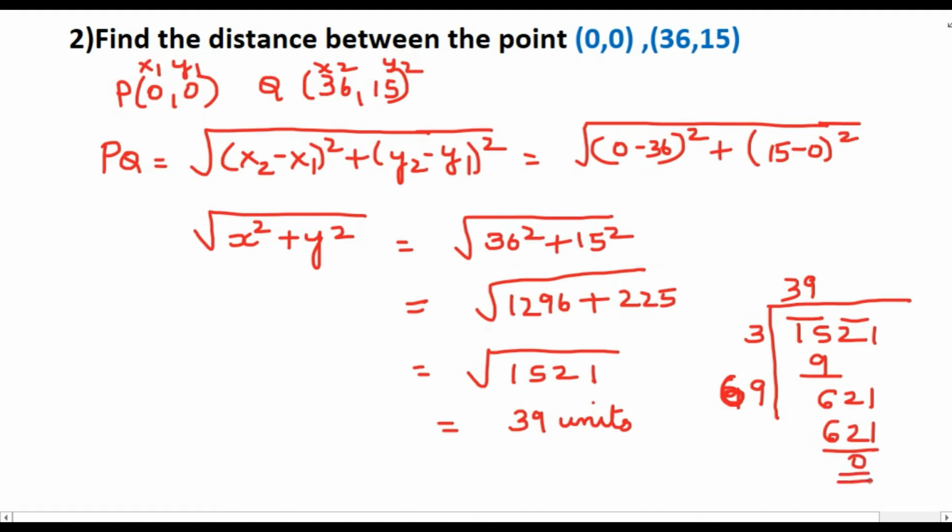So by the long division method we can find the square root of big numbers. So the distance between the origin and the point (36, 15), which lies in the first quadrant, is 39 units.